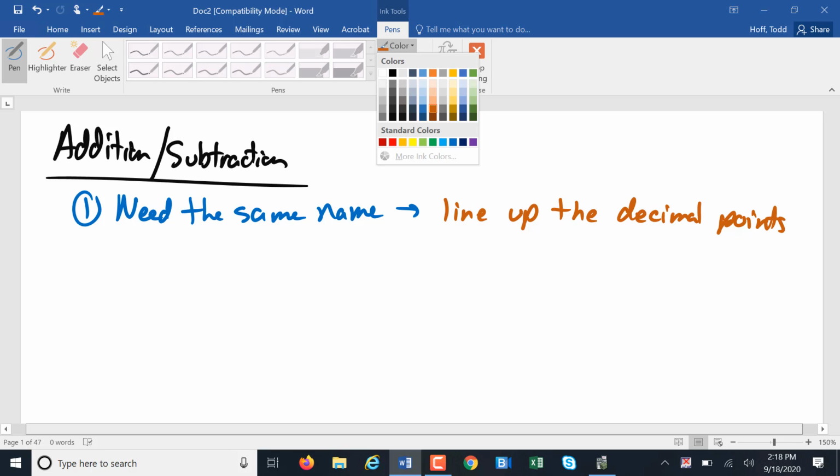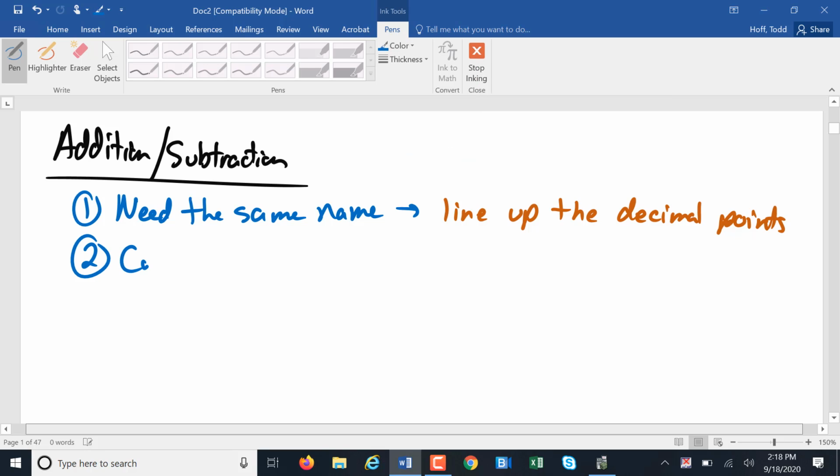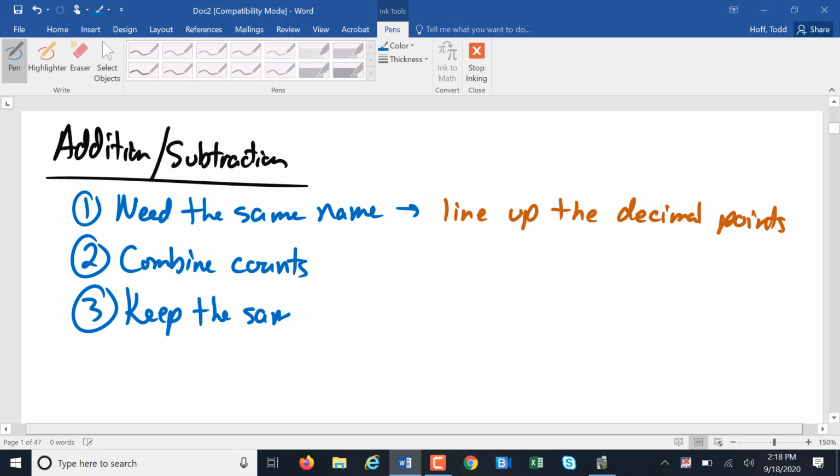And then, of course, as with any form of number, we're going to combine the counts. And then we are going to keep the same name. How we keep the same name with decimals is just going to be to drop the decimal point down.